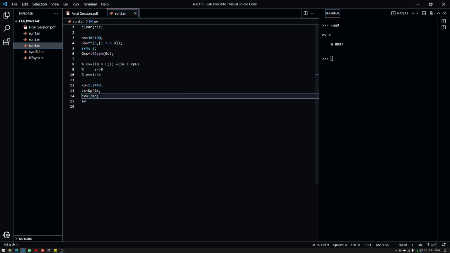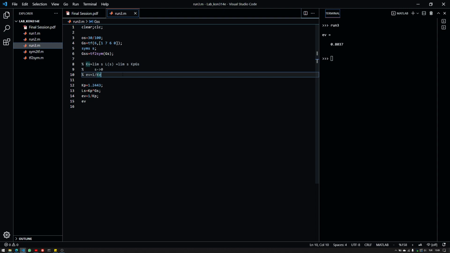Looking at these two definitions, one of them being the limit and the other one the error itself, what do we need in order to have half error? It should be quite obvious that KV should be 2 times more than it is to achieve this. So if KV is double, then EV will be halved.